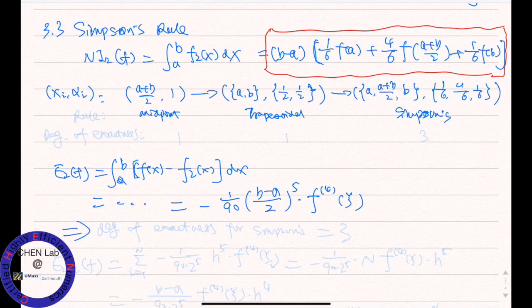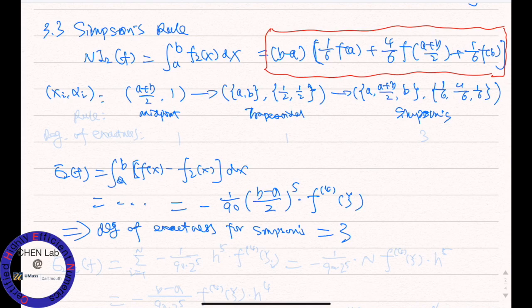This means that, again, we're not proving the details here, the degree of exactness for Simpson's is what? 3, right? The fourth derivative of a cubic polynomial is 0.